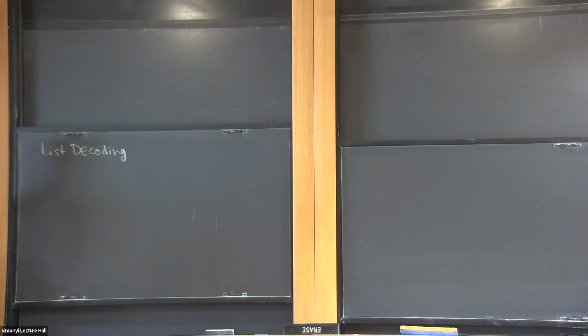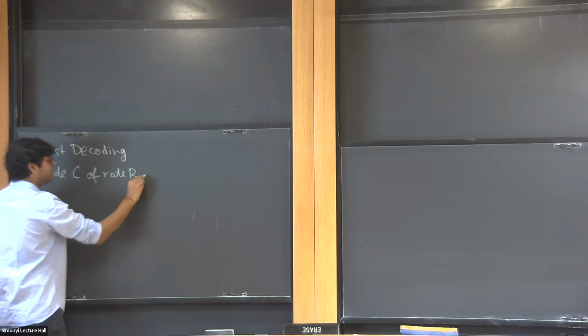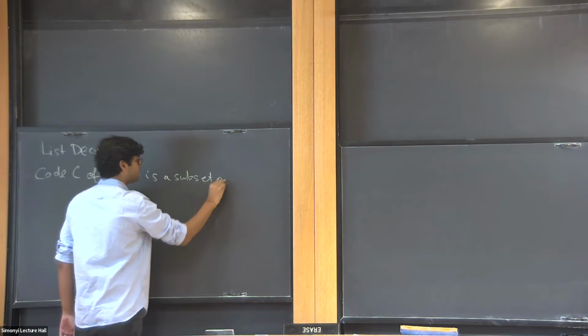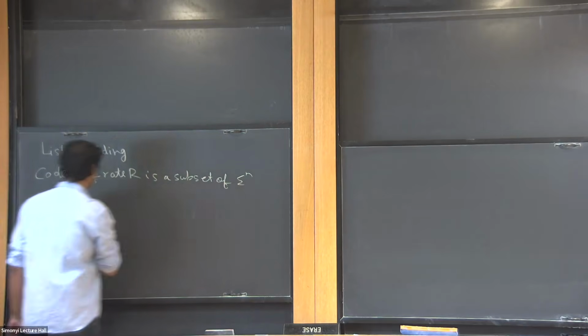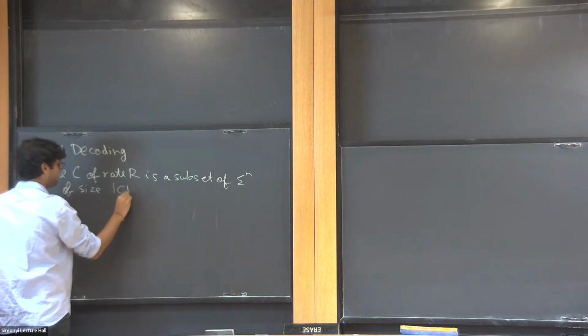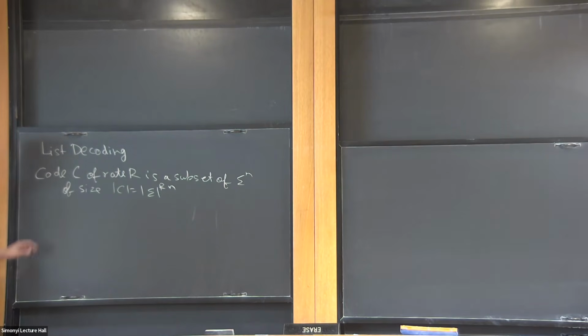Okay. So a code C. We'll be parameterizing codes by this rate R, which is going to be a number between 0 and 1 throughout the talk. And sigma will be the alphabet of the code.